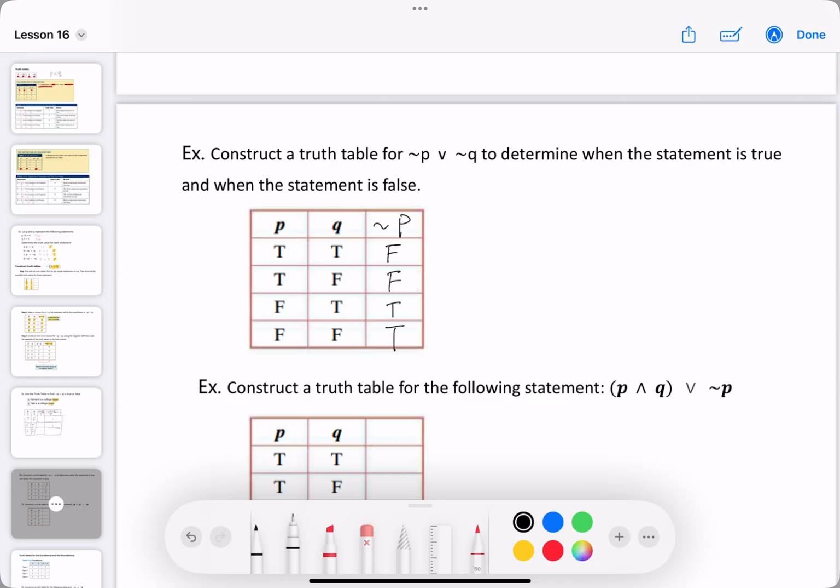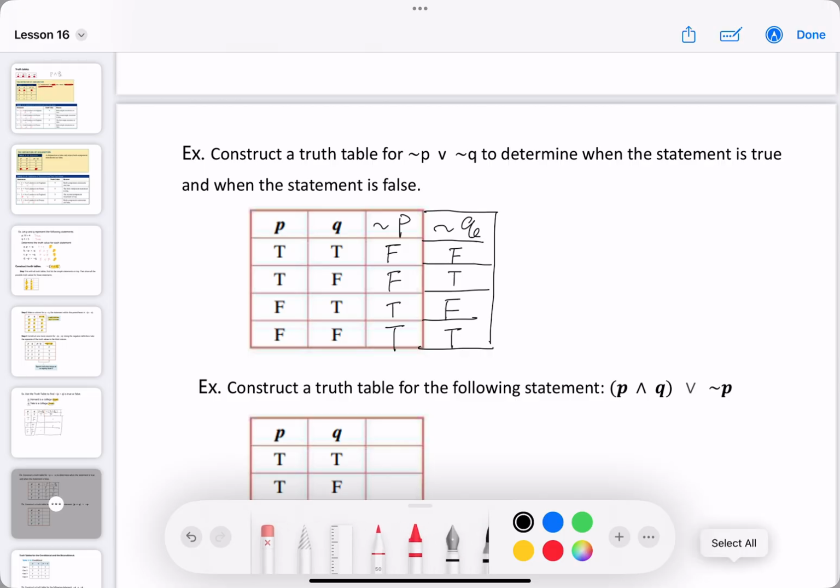And how about the next column? Next column is not Q. So let's negate the Q. We have false, true, false, true. Let me double check. Opposite, opposite, opposite.